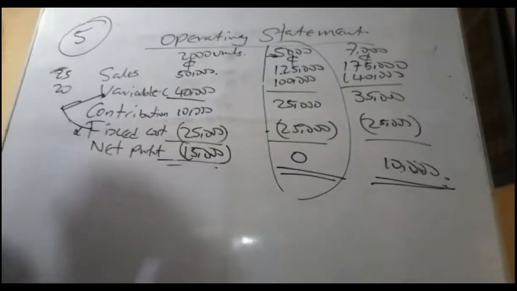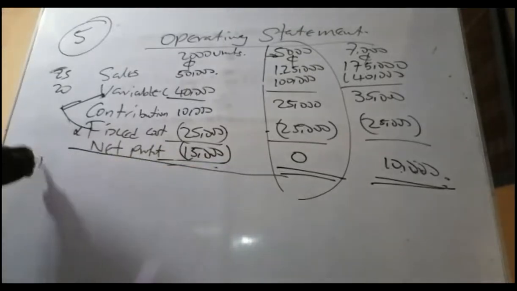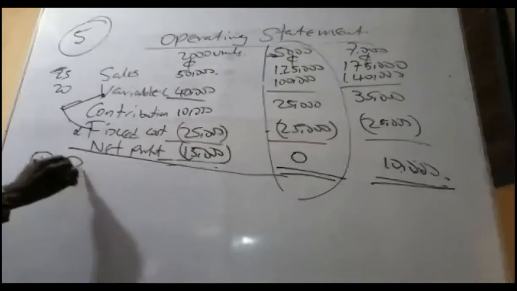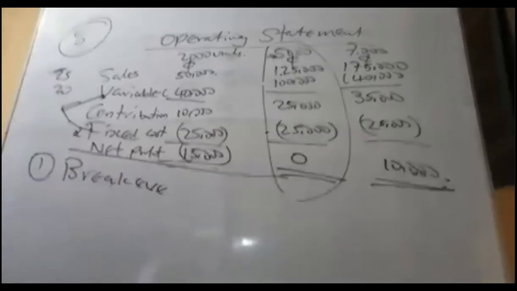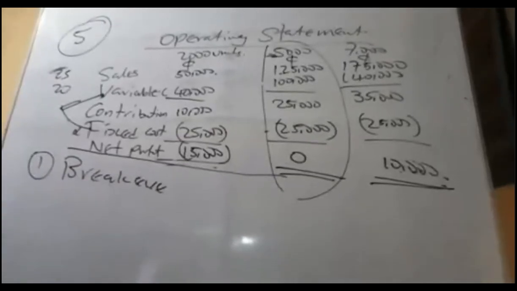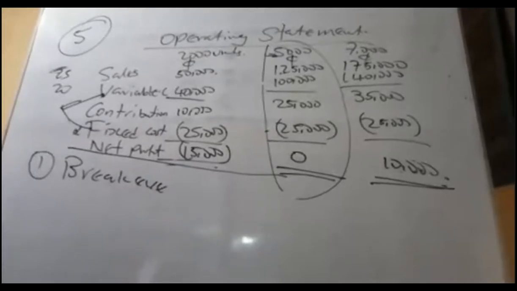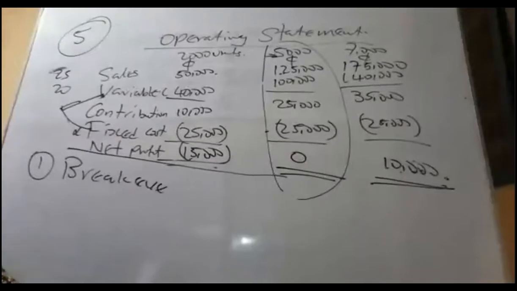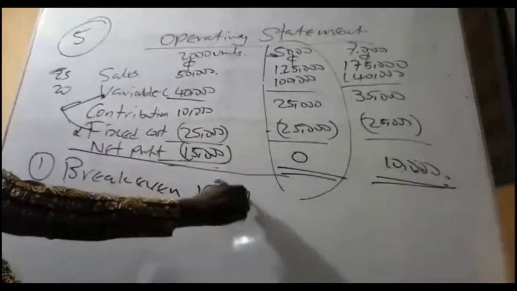The first formula, or the first point, is number 1, break-even point. That's the first one under the single product. So break-even analysis under single product. Break-even point.